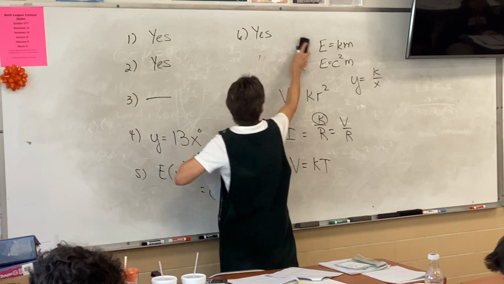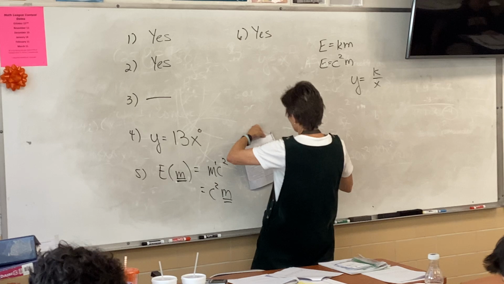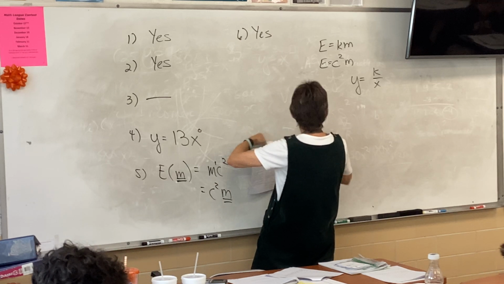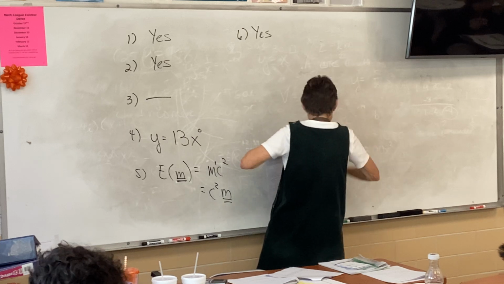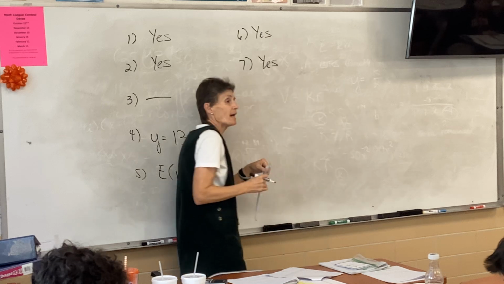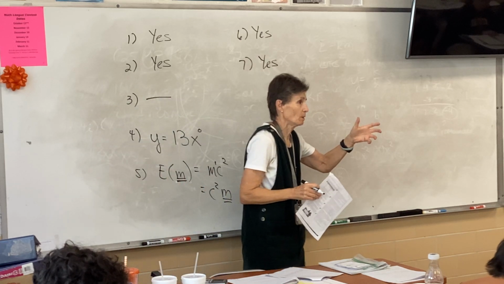How about 7? I'm looking at 7 here. 7 is actually a yes. And you kids, I get it, it's hard because you don't know what the variable is.